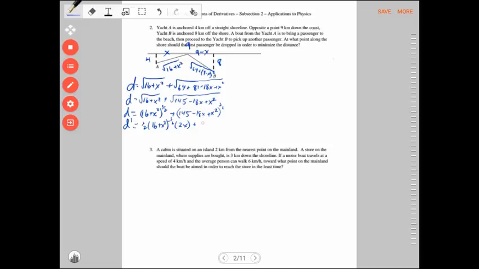And then the second one, the half comes down again. So (145 minus 18x plus x squared) to the negative 1/2. And then we chain rule this one, so we get negative 18 plus 2x. Okay, so far so good.